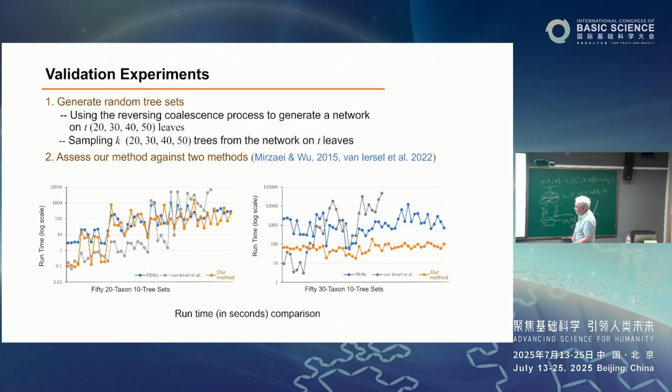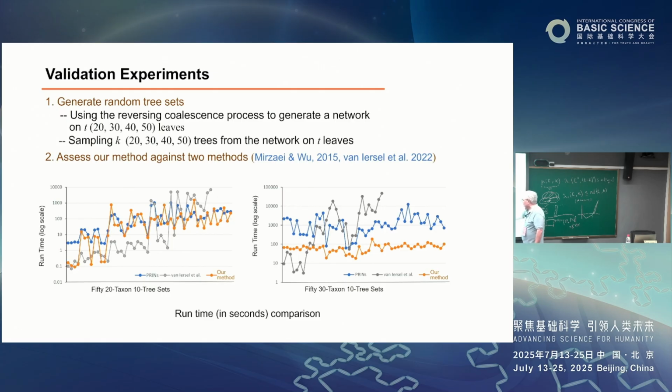We have three types of data set: the small one, medium one, the large ones. For the small data set, our approach has no advantage. You see, it's not faster than others, right?